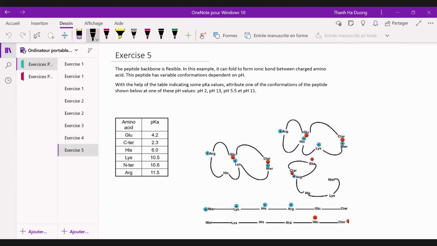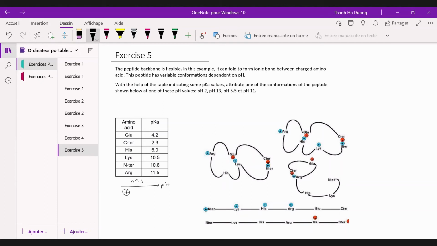So, for example, let's take arginine. Arginine has a pKa of 11.5, right? So if the pH is lower than 11.5, arginine will be positively charged.